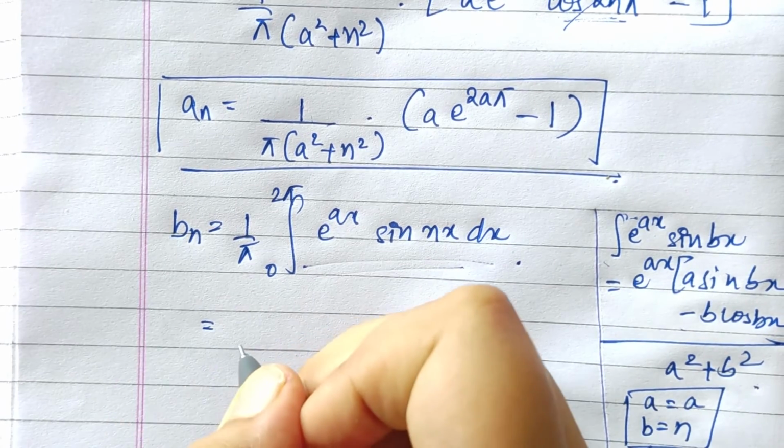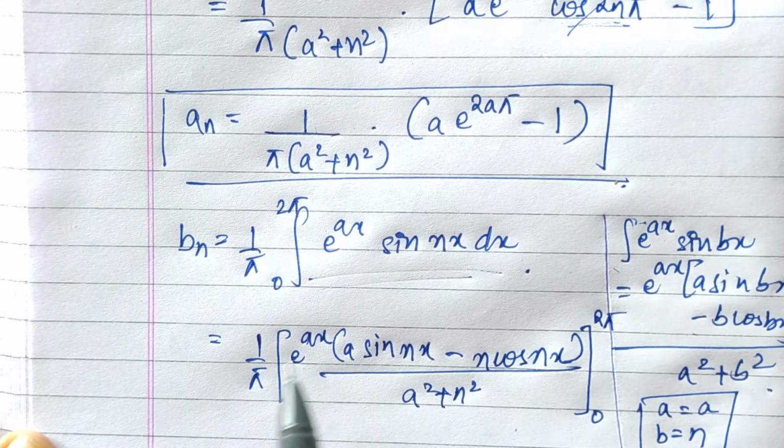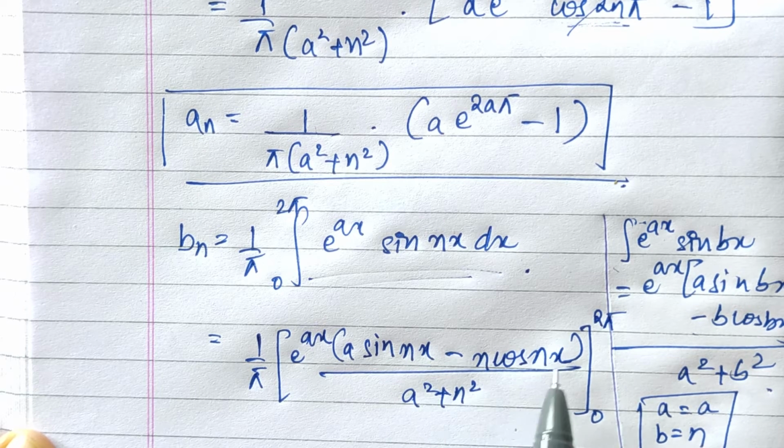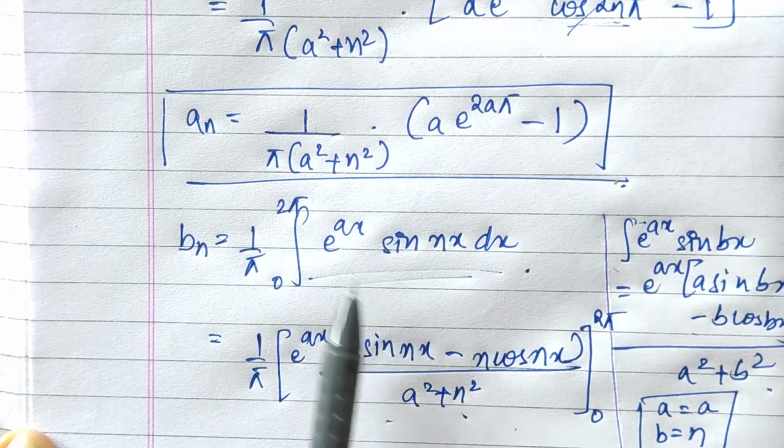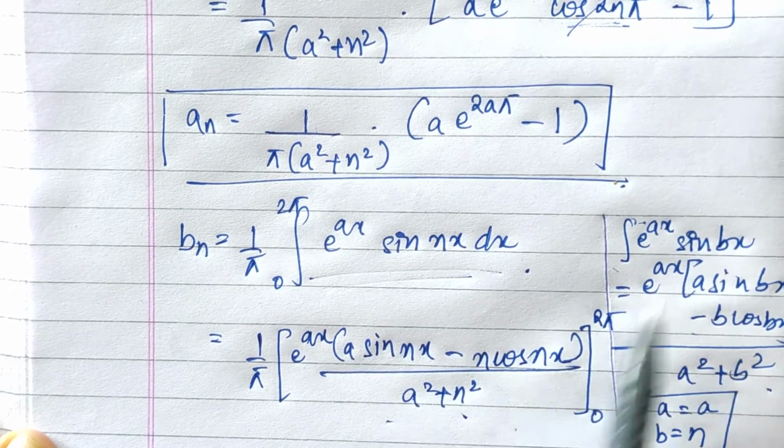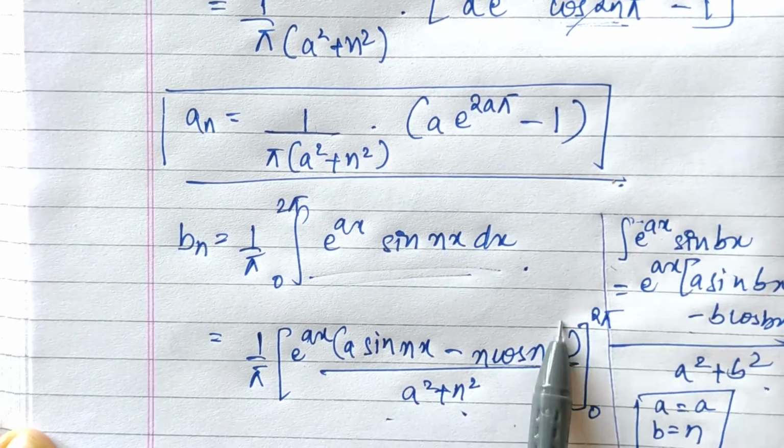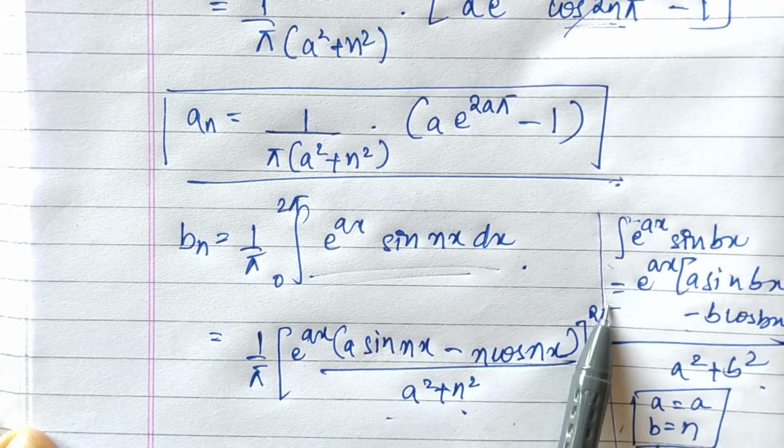So when we substitute it, we get 1 by pi into e power ax into a sin nx minus n cos nx divided by a square plus n square. We're just substituting this one over here, okay? And then we have our limits from 0 to 2 pi.